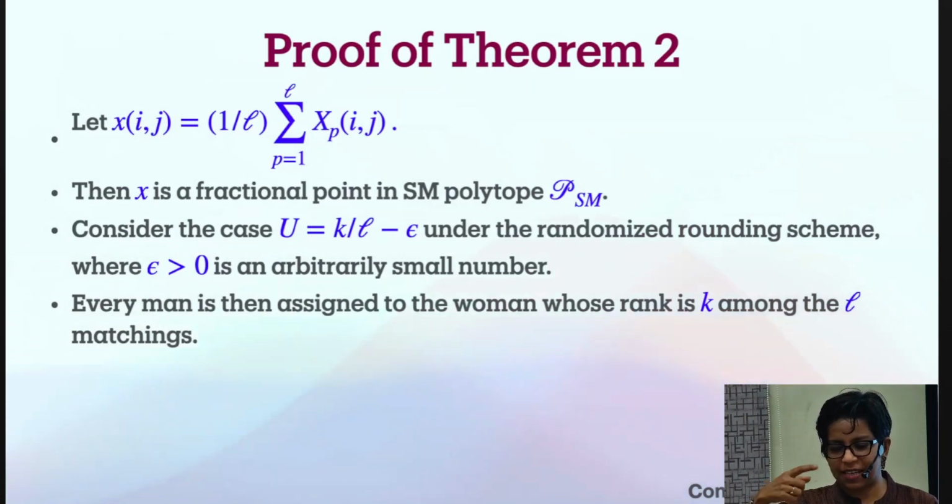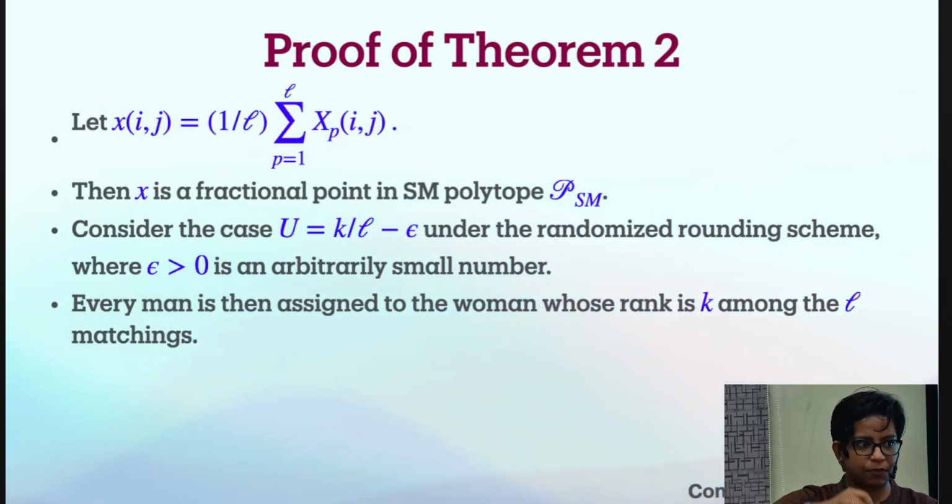And by the coincidence property, we know this man should be this woman's L minus k plus 1th partner, right? It's just the other side, because the women were ordering their preference list from the other direction. The U falls in the exact same place for everybody, every row. It's just that when we see from the women's side, if this is the kth for the man, among the L possible partners that they can have, from the women it should be L minus k plus 1.